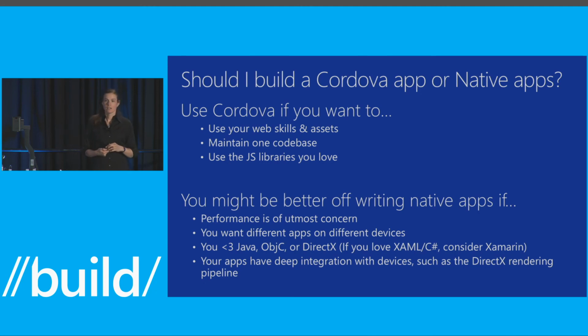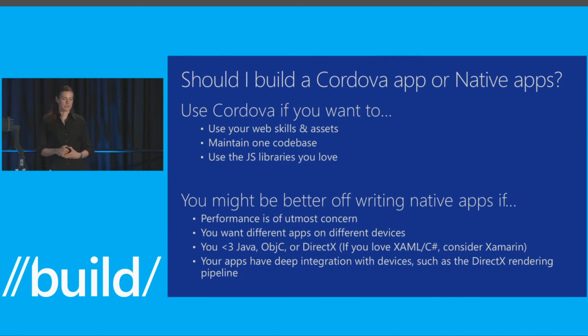If you want apps that do different things and act and look differently across different platforms, Cordova obviously is not what you want, because you don't want that single code base. You want your iOS app to behave differently from your Android app. So you would probably write native iOS apps and native Android apps.